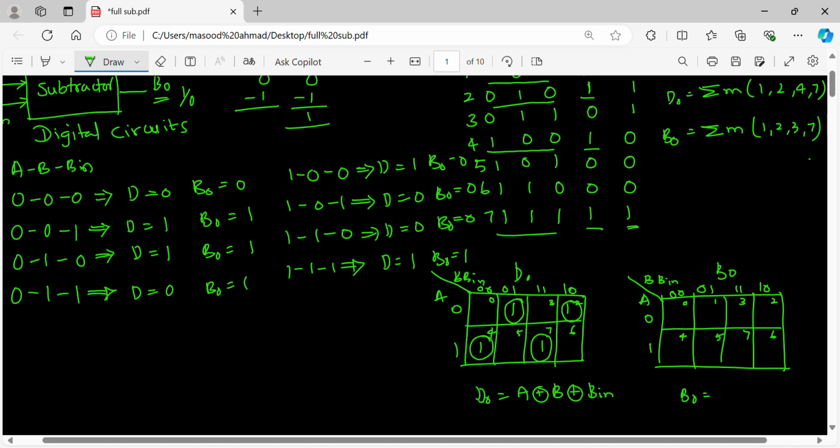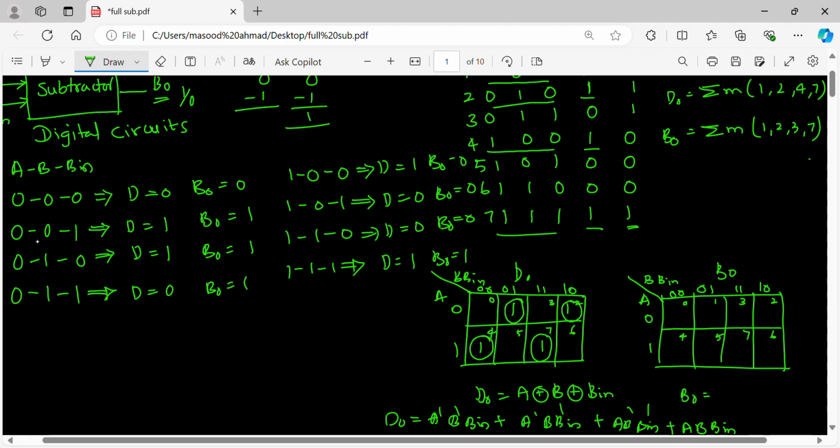If you write the expression for D0 in full form, it will be A bar B bar B in plus A bar B in bar plus A B bar B in bar plus A B B in, which is nothing but A XOR B XOR B in.